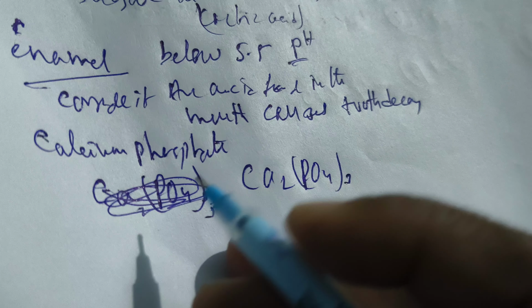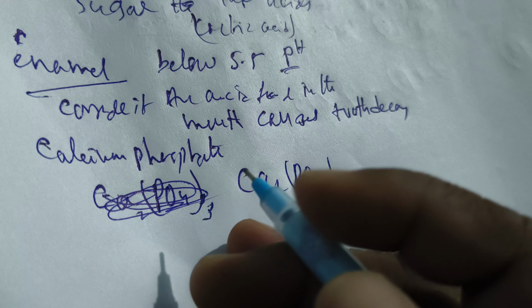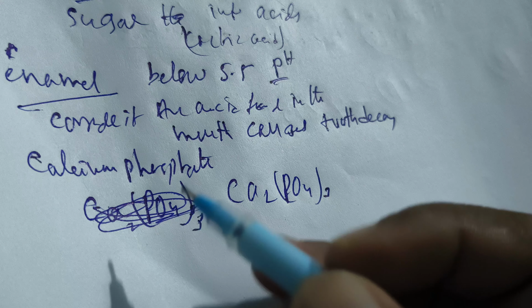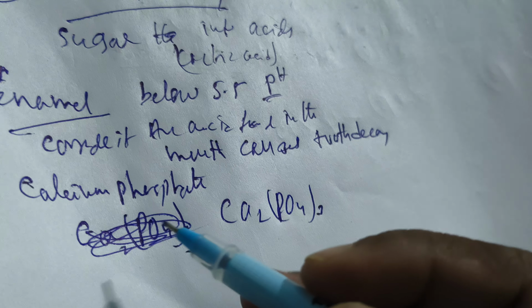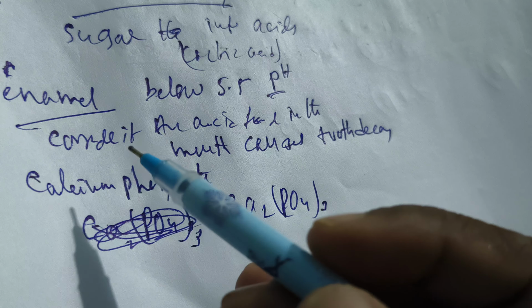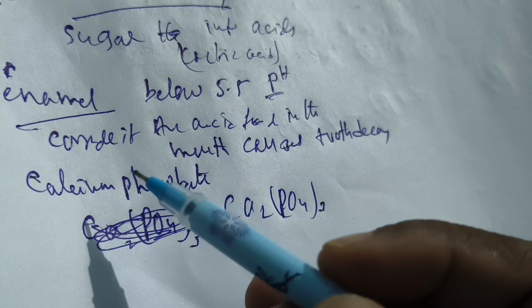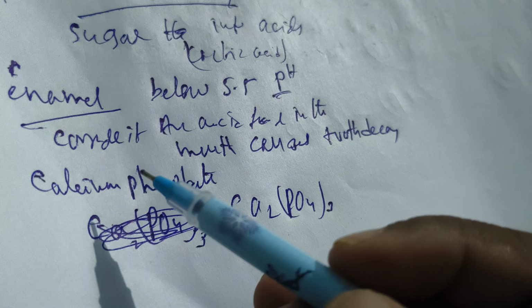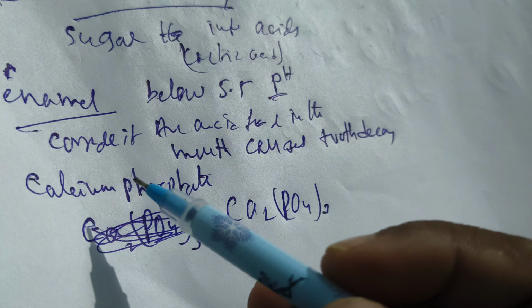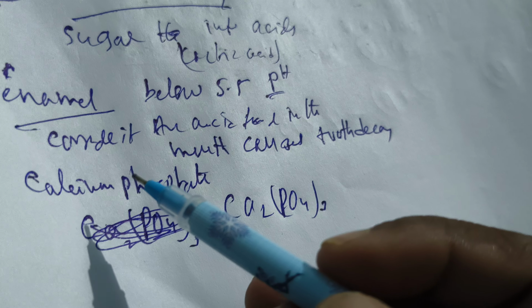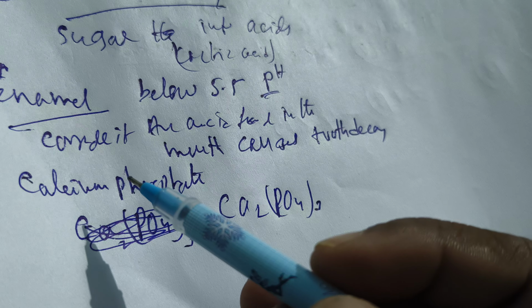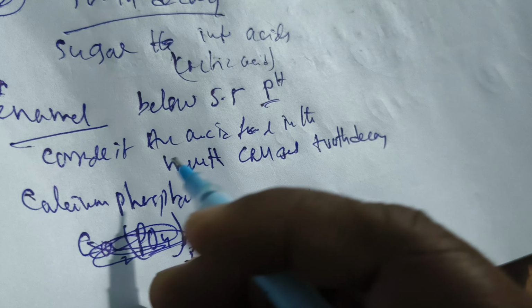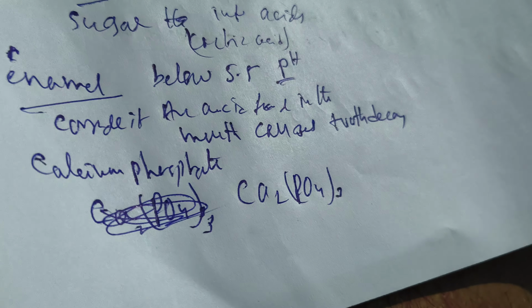When the pH of our mouth, or the acid in the mouth, is below 5.5, it attacks the enamel of our tooth. It starts to corrode when the pH in the mouth is lower than 5.5.